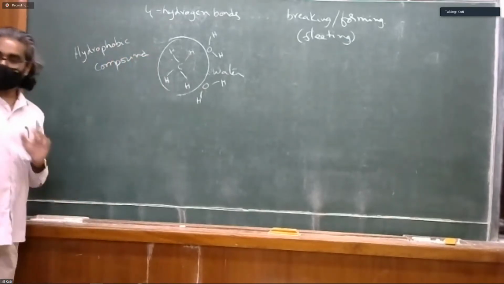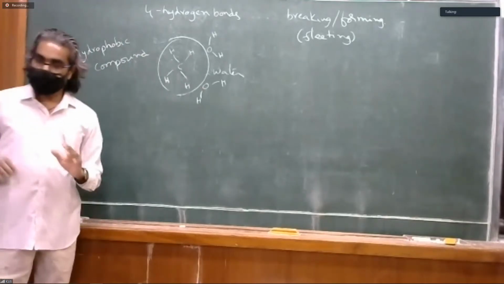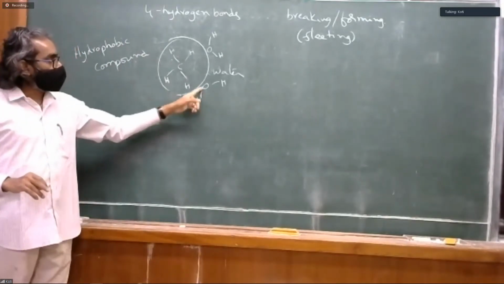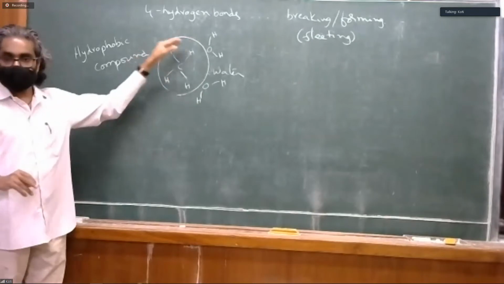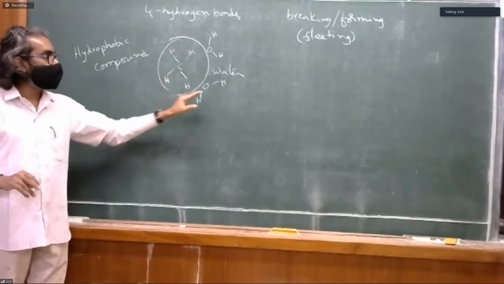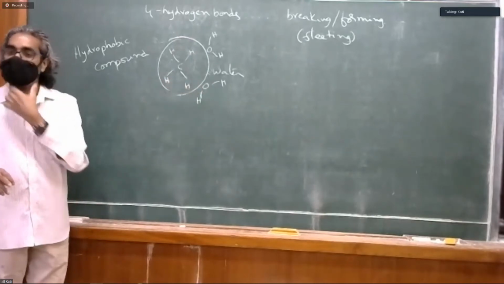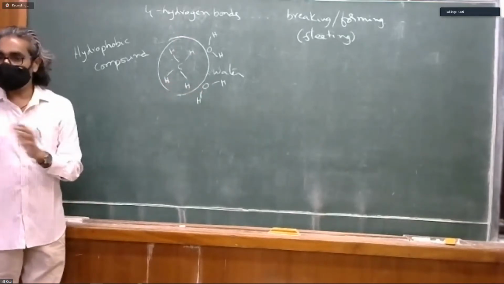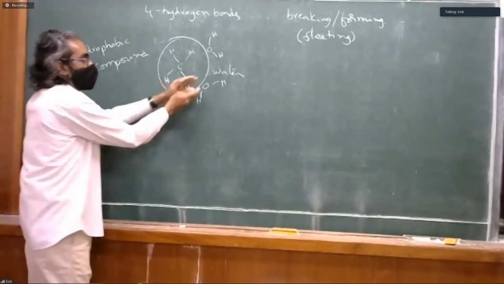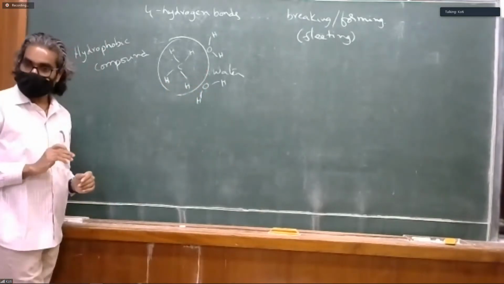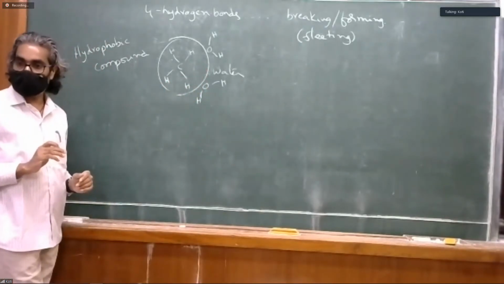We are talking about very sparingly soluble, very few molecules. Now these atoms which are close to the surface of the methane molecule have no way to form hydrogen bonds. So they have to satisfy their hydrogen bonds only by reorienting or maximizing their ability to form hydrogen bonds.